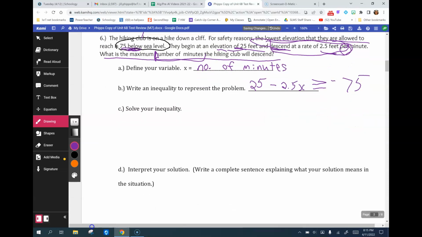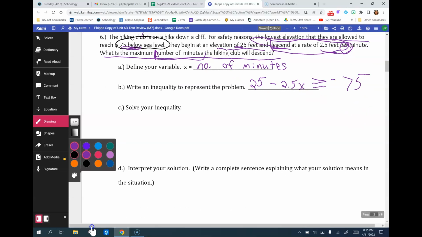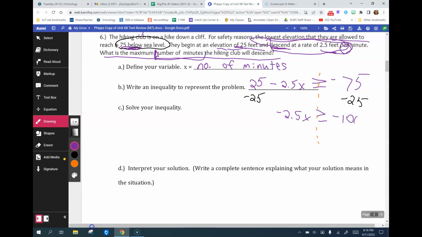Okay, now let's solve that. And again, if you haven't practiced this on your own, please do some on your own so that you'll get used to doing it. So here we go. We're going to move the 25. If I want to move the 25, I have a positive, so I'm going to have to add a negative or subtract 25. So I get negative 2.5x greater than or equal to negative 100.